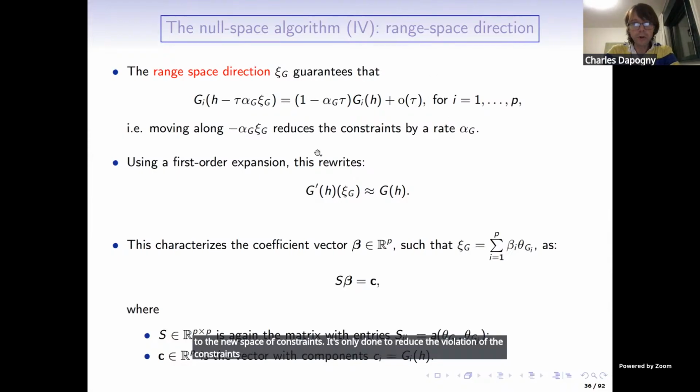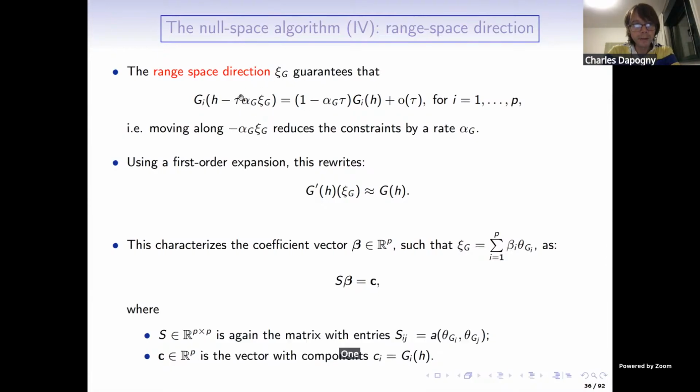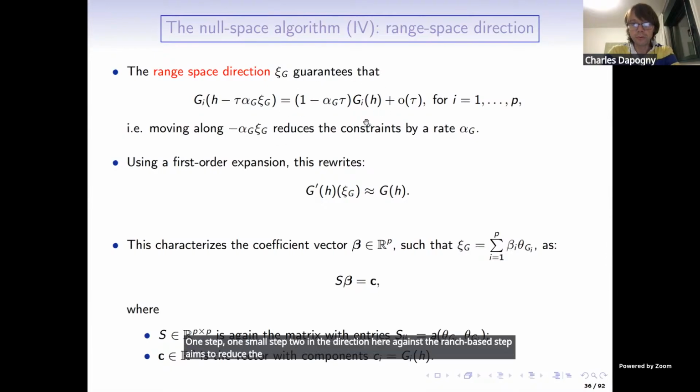By definition, we are going to search for this field psi j, so that one small step tau in this direction, the range space step, aims to reduce the violation of the constraints by a rate alpha j. So we impose this relation to hold.